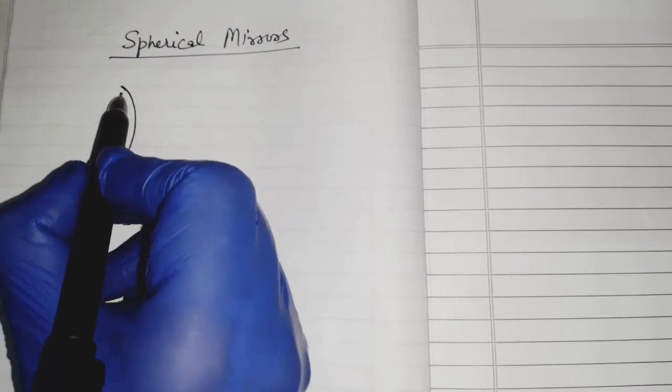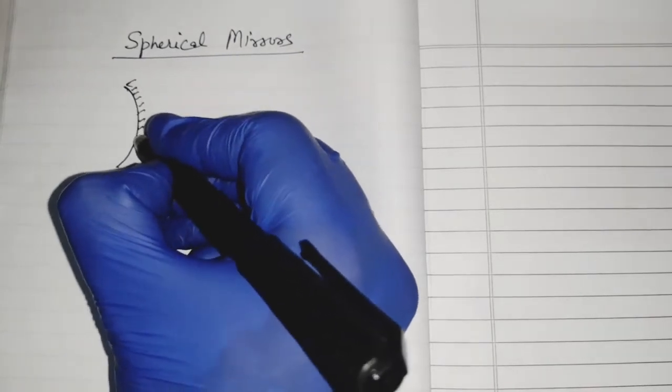This is a mirror, and such a mirror can be represented like this. This is the concave shape and this is the convex shape, but the concave shape, the left one, is the reflecting surface and the convex surface is the painted one. So the reflection can occur from this surface only.